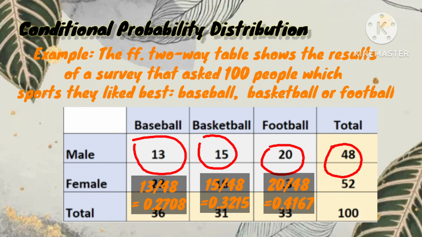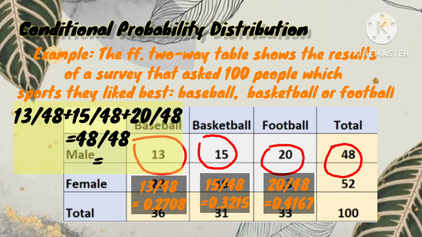Notice that the sum of the probabilities adds up to 1. So we add these: 13 divided by 48 plus 15 divided by 48 plus 20 divided by 48 is equal to 48 divided by 48. 48 divided by 48 is equal to 1. So the probability adds up to 1.